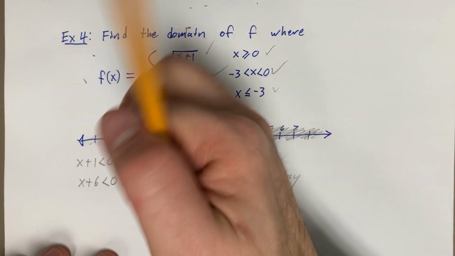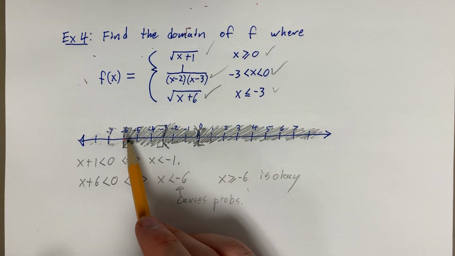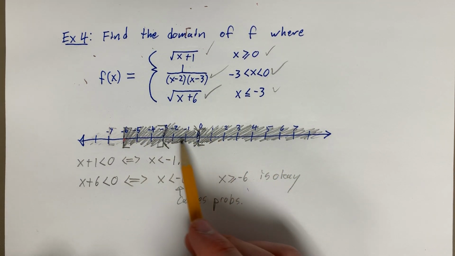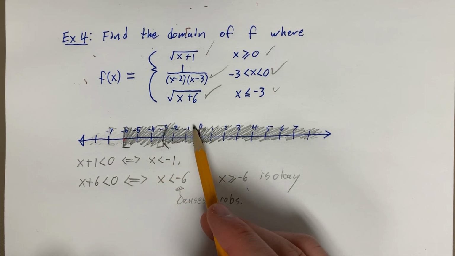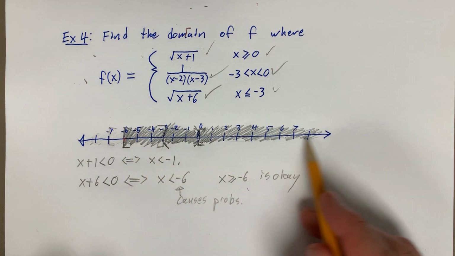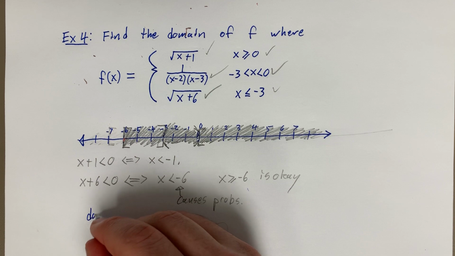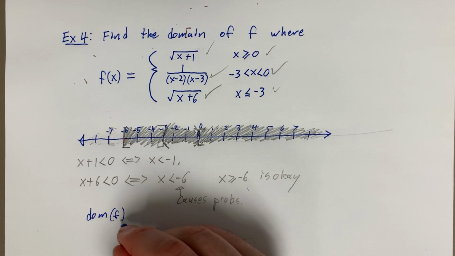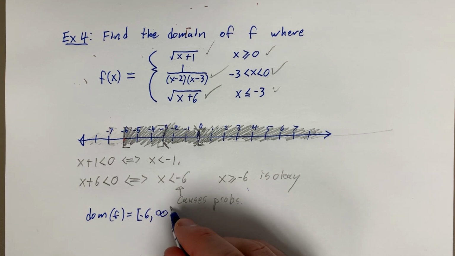So we are left with this nice shaded region that starts at minus 6 and doesn't stop anywhere, because the square bracket and the round bracket line up, so we're okay from minus 6 onward. The domain of f, in this case, is minus 6 included to infinity.